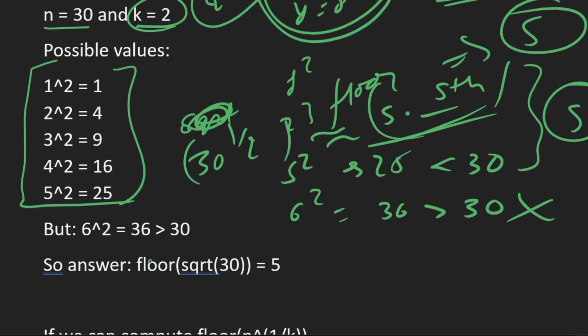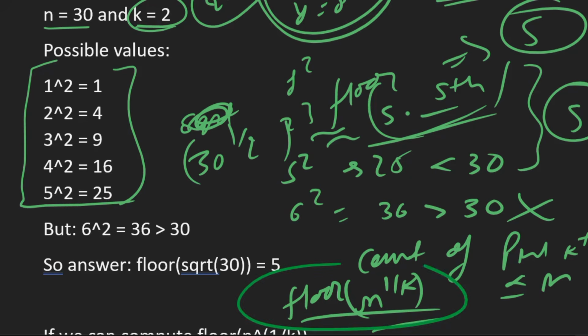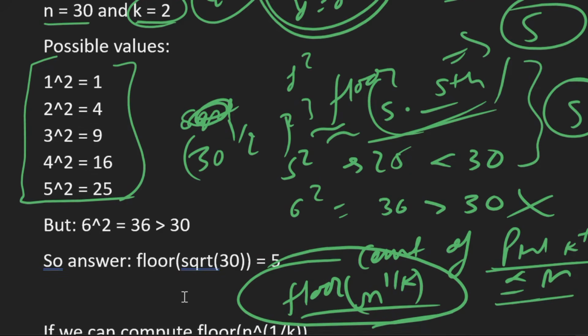So to find the count of perfect kth powers less than or equal to n, we take n to the power 1 by k and then take the floor value of that.